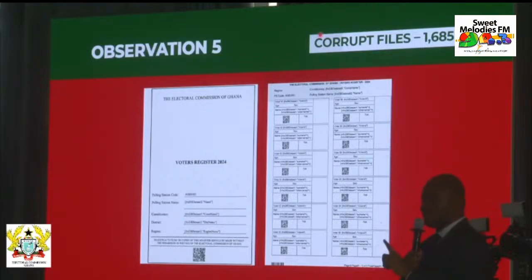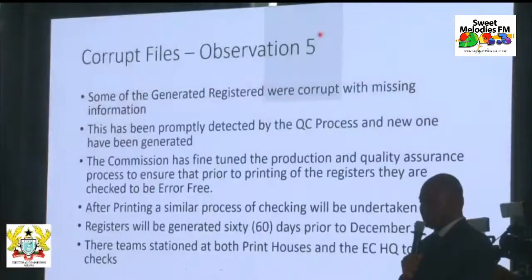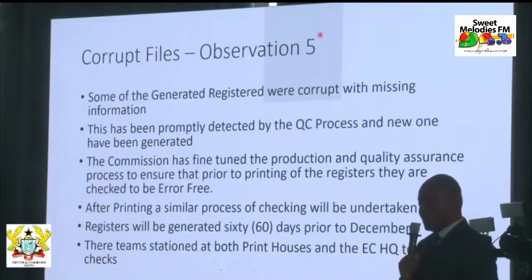And once again, these corrupt files came as a result of network interruptions that occurred during the production of those registers. These, as I've said, were promptly picked up by the commission staff. Because remember that at level 1, which is the hard inspection of the registers, by hand, page by page, these things were detected and were reported to the commission, and immediately new ones were generated and sent back to the political parties.